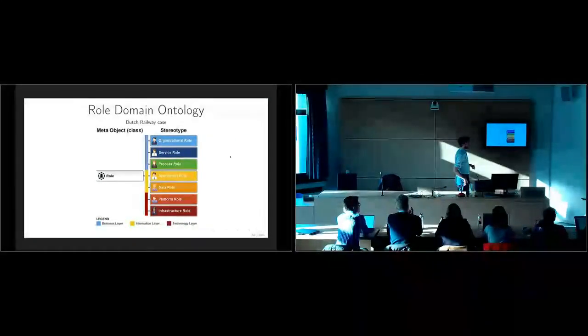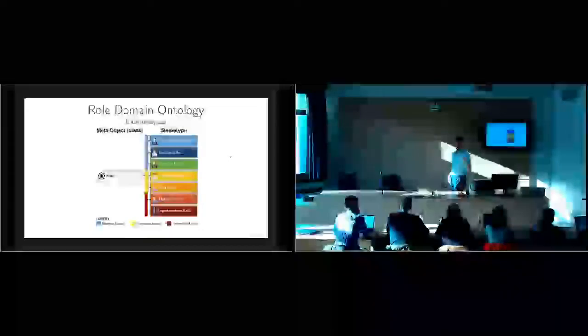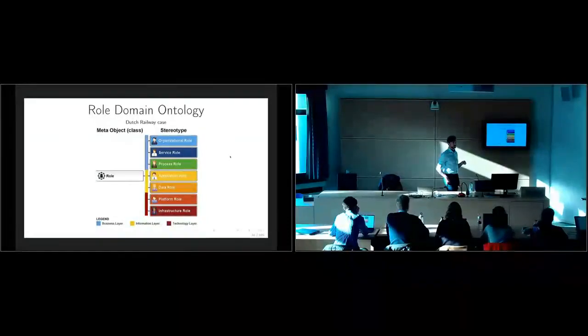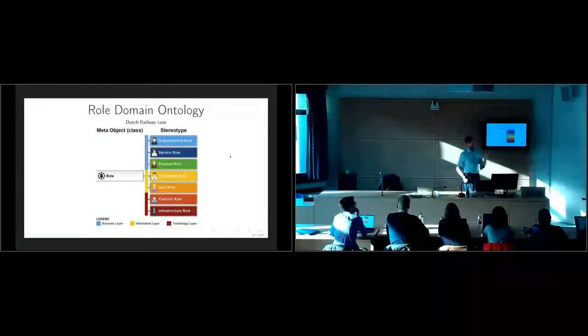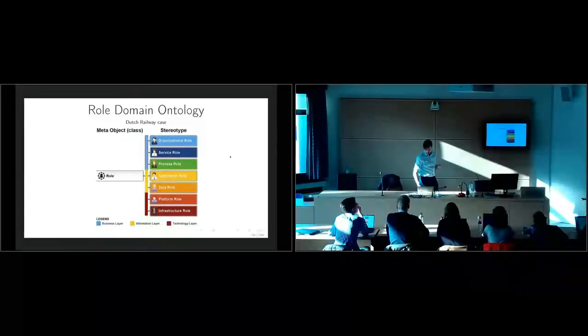And roles are not only limited to people, the roles of people, but for example, a server can also play a role. A data element can also play a role in different applications.